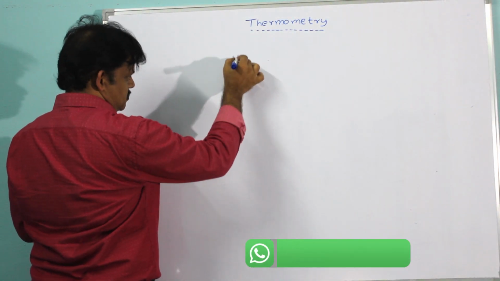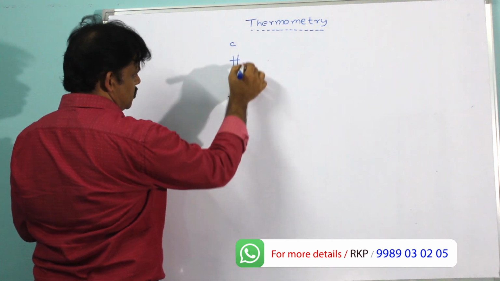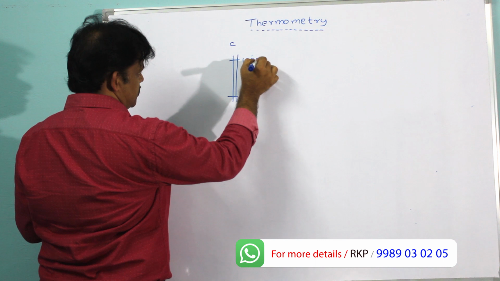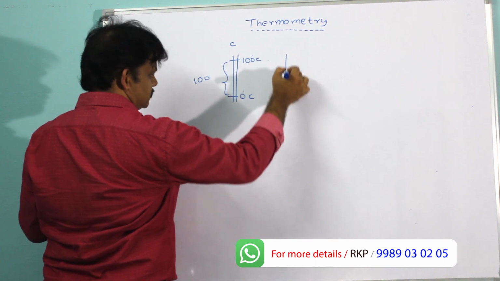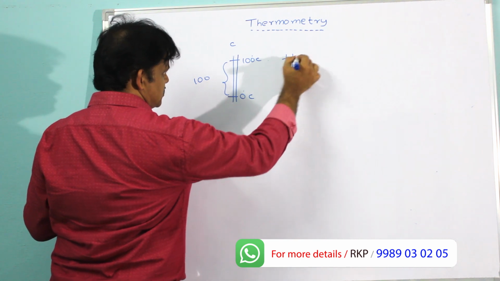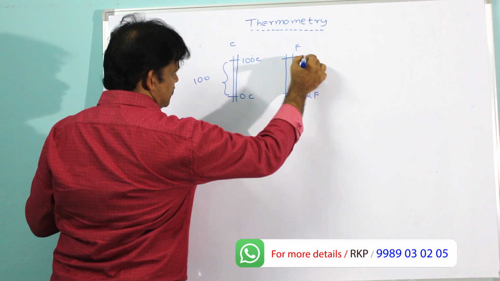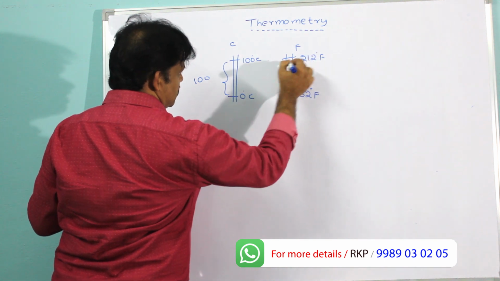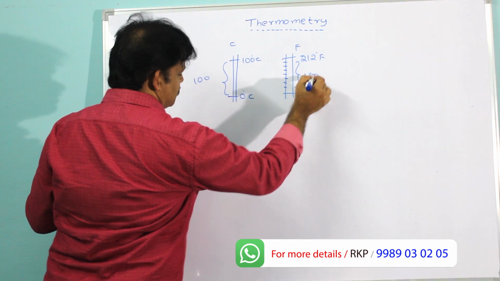Let me tell you, this is the Celsius scale. Lower fixed point is 0 degree Celsius, upper fixed point is 100 degree Celsius. What is the gap? 100 equal parts. This is the Fahrenheit scale. Lower fixed point is 32 degrees Fahrenheit, upper fixed point is 212 degrees Fahrenheit. What is the gap? 212 minus 32, 180 equal parts.